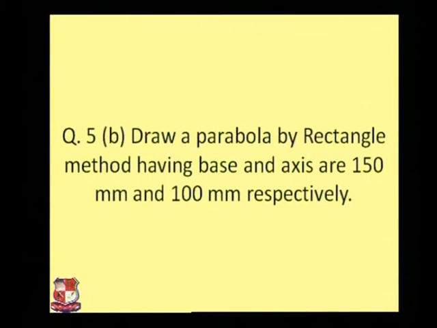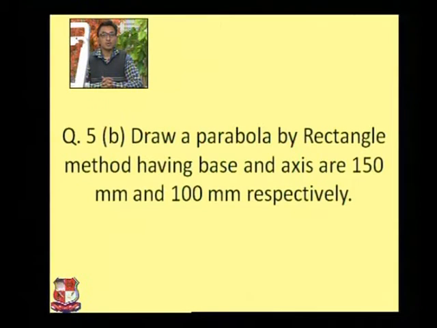One would be rectangle method, another would be tangent method. Now it's been clearly mentioned that we need to draw by rectangle method, so we need to draw by rectangle method only. If the method is not specified, then one can draw either by rectangle method or by tangent method, but in this we will draw by rectangle method.